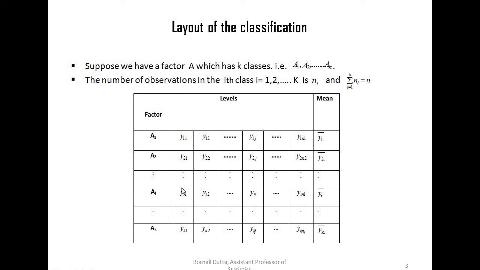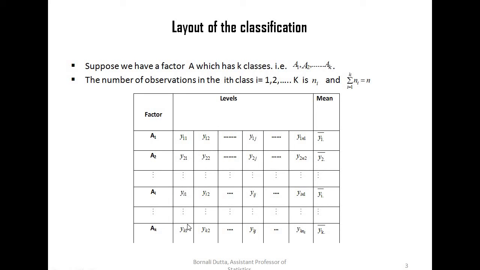So yi1 represents the first observation in the ith class, yi2 represents the second observation in the ith class, yij represents the jth observation in the ith class and yini represents the nith observation in the ith class, and similarly yi dot bar represents the mean of the ith class.